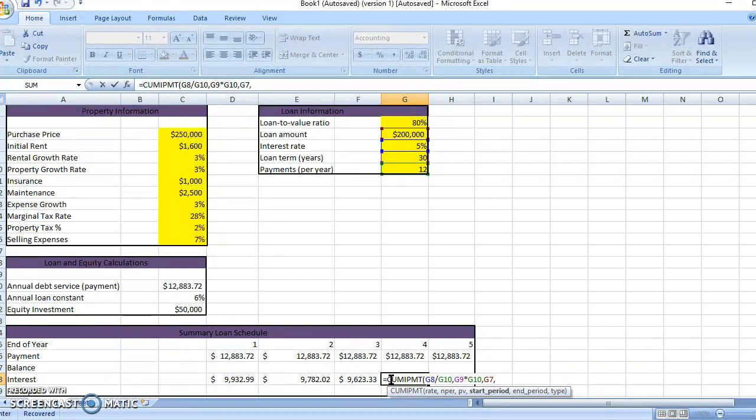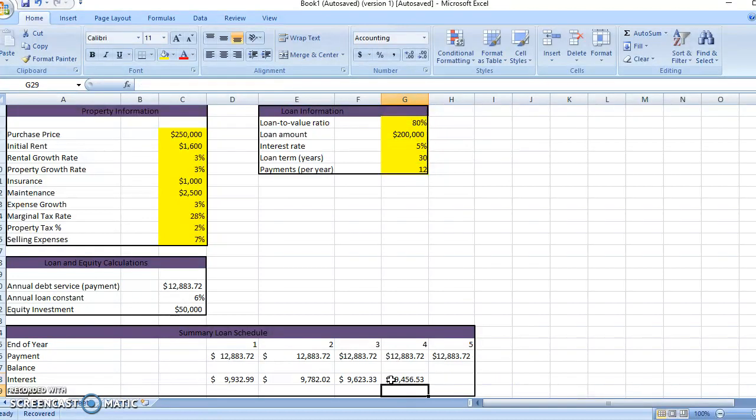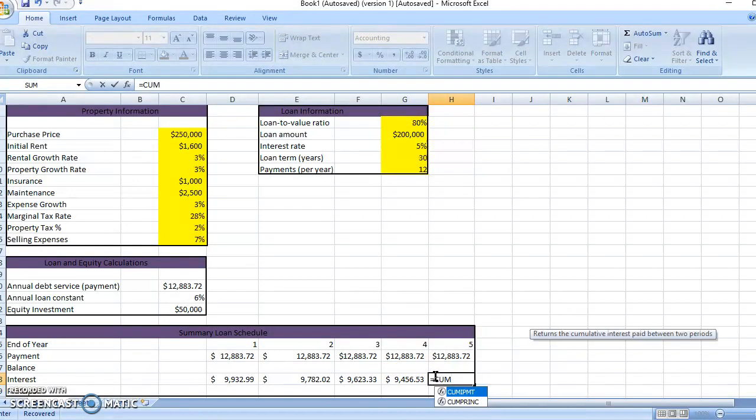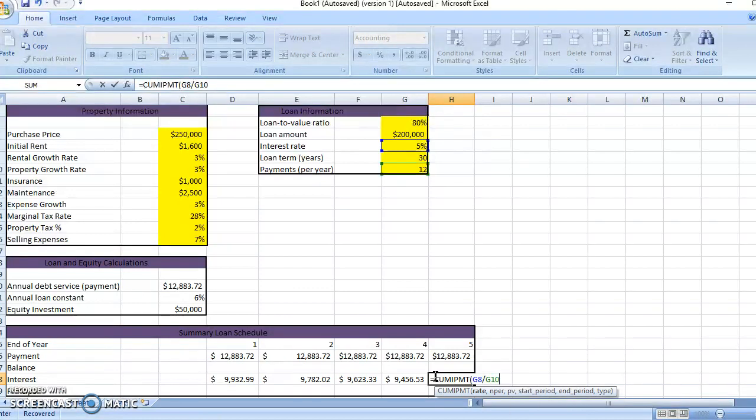And then it's going to be 37 and end with 48. And then we do 49 and end with 60.